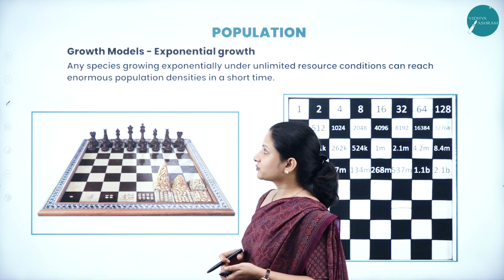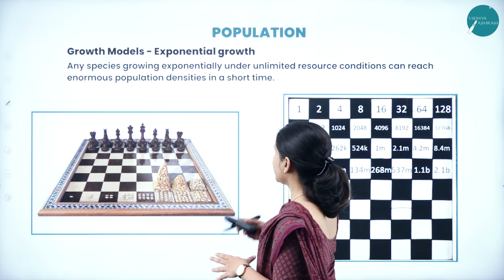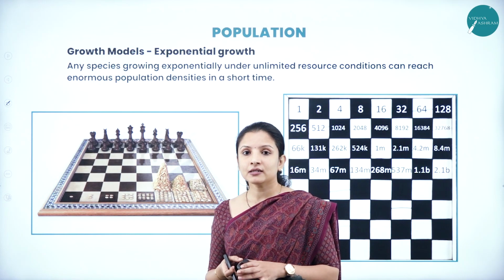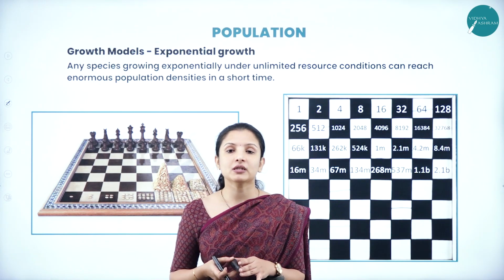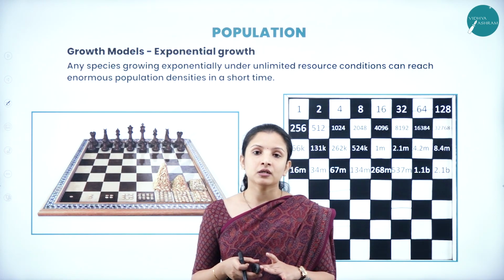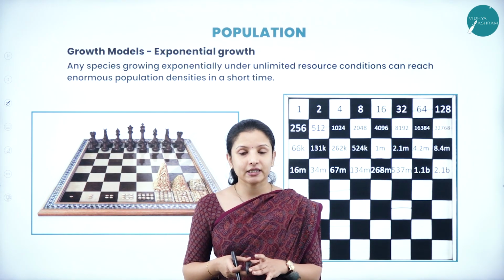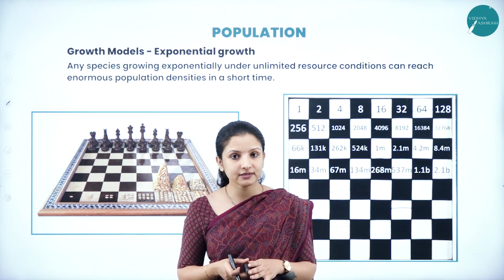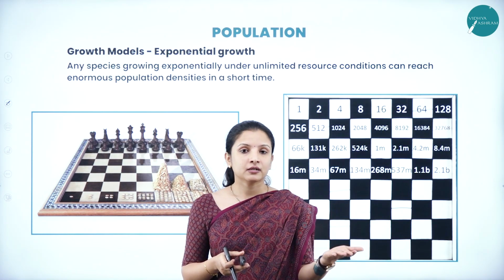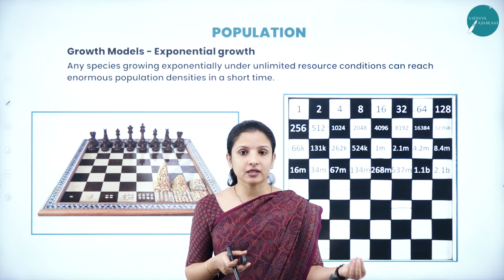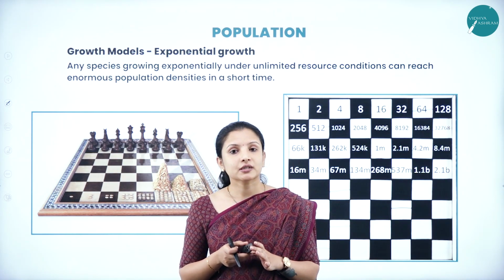That can be explained very clearly by using an example, a short story wherein there was a chess game between a king and his minister. While playing the game, they decided that whoever loses the game will have to compensate the winner.